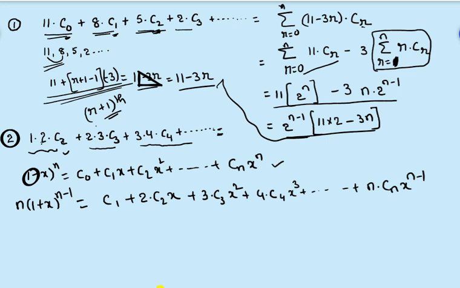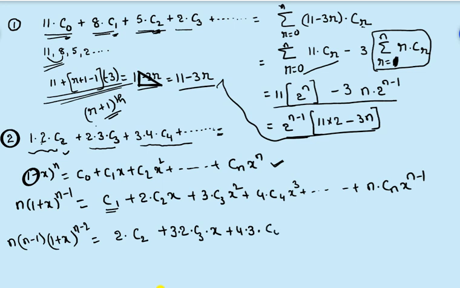Again if you differentiate, what we will get? n into n minus 1 into 1 plus x whole to the power of n minus 2 is equal to 0, 2 into C2, next 3 into 2 into C3 into x, next 4 into 3 into C4 into x square, plus and so on, right?